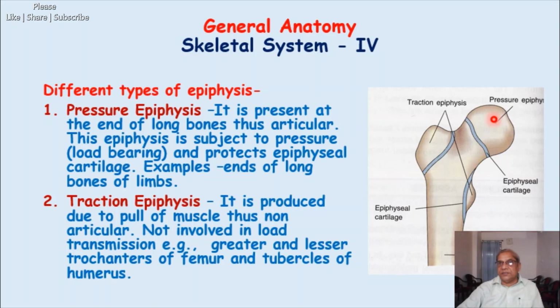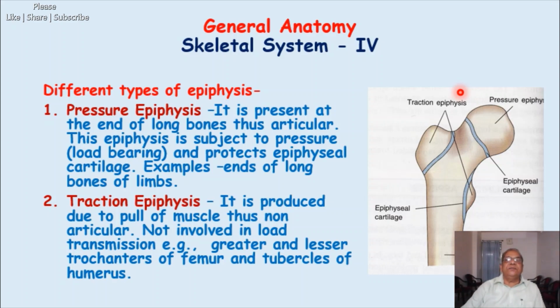Since the ends of the bones articulate with other bones, pressure epiphyses are always articular in nature. Articular means they form a joint with the opposite bone. So in long bones, the ends are always articular, or the bones which will form joints.